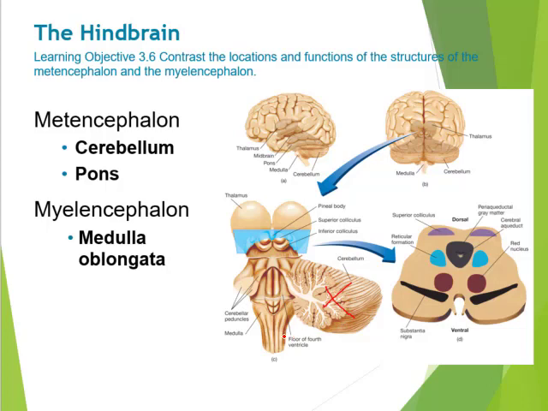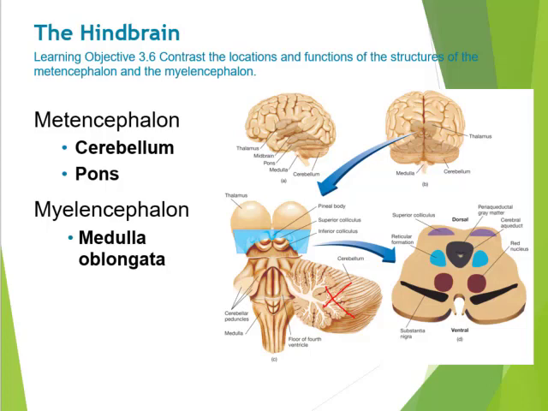The pons is a large bulge in the brain that relays information from the cerebral cortex to the cerebellum, as I mentioned before. The myelencephalon includes one major structure, the medulla oblongata, which you've probably heard of before.